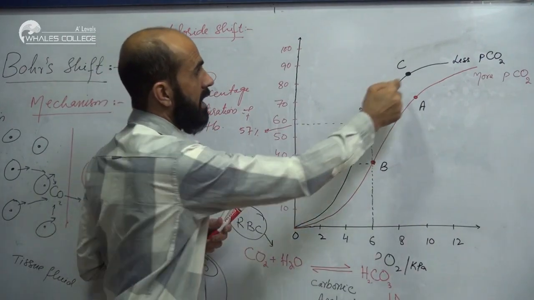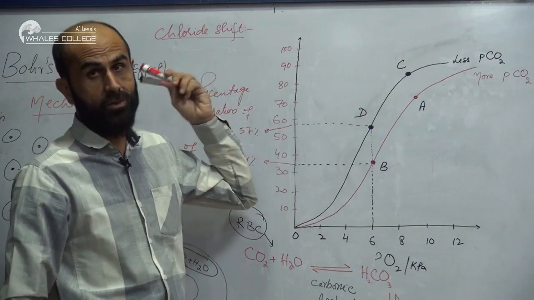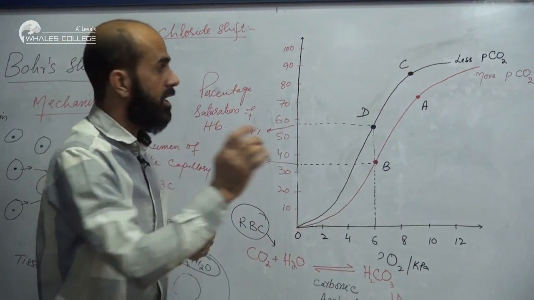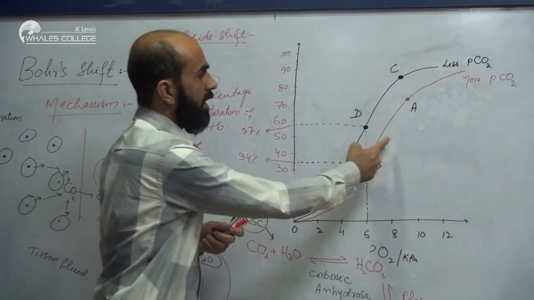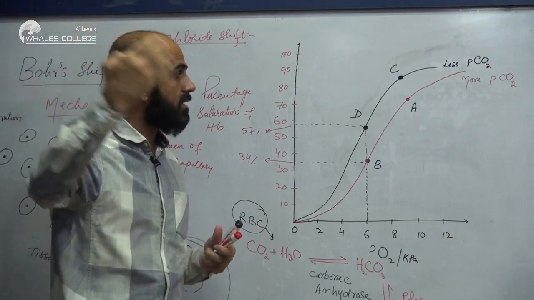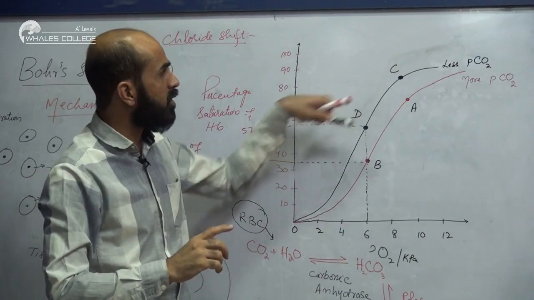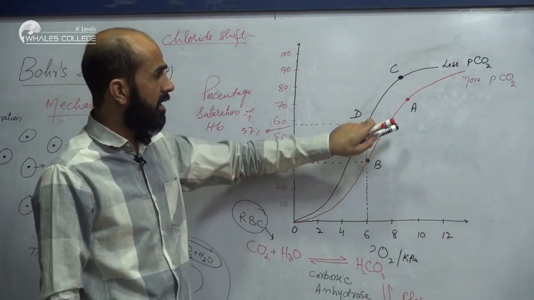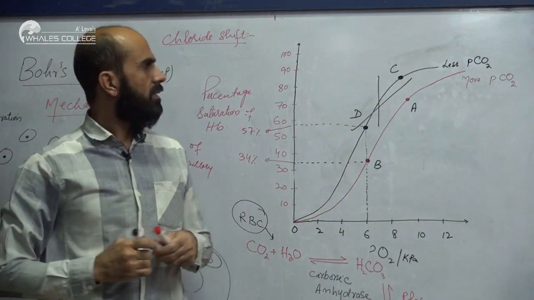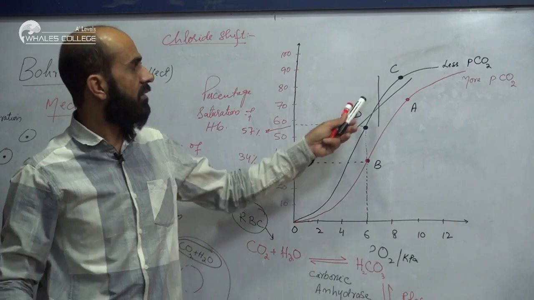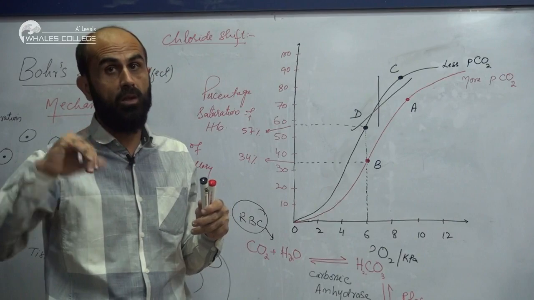So the black one has a lower dissociation rate, and the red one has higher dissociation. It means our answer may be A or B. It cannot be C or D, because both have lower dissociation compared to the red one, so we eliminate them. We need more dissociation to unload oxygen.